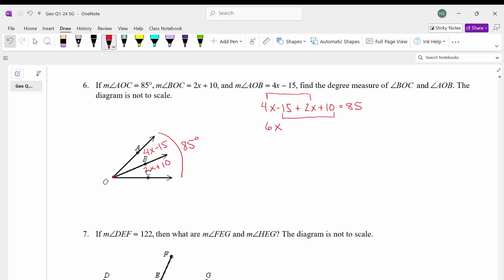Negative 15 plus 10, that's a negative 5, and it's equal to 85. Going to add 5 to each side. Our 6x is equal to 90. We're going to divide each side by 6. And our x is equal to 15.